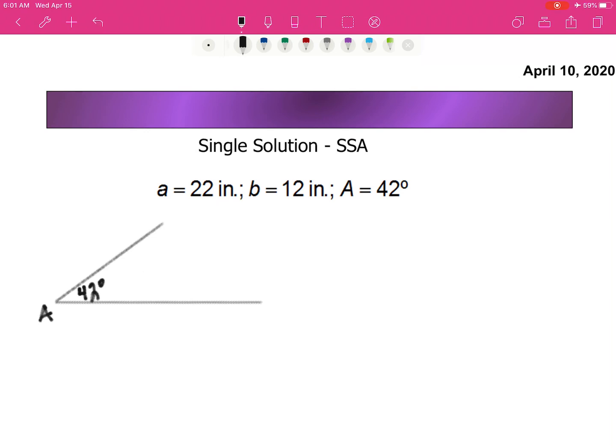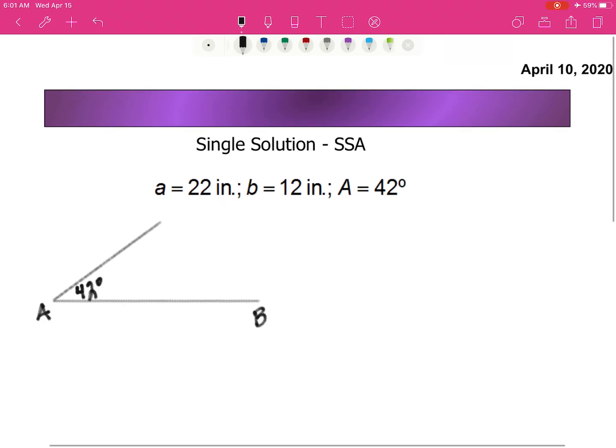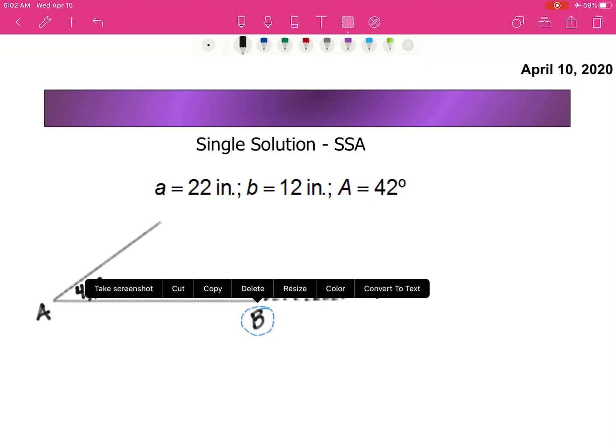However, I can say that side b, wherever this segment ends, I'm going to call that B. Just know that B might have to keep going out, in which case I would have to move this letter B out here, or it might need to come in depending on my information. Right now I'm just going to keep it here, but I'm going to have an eraser available in case I need to move it.